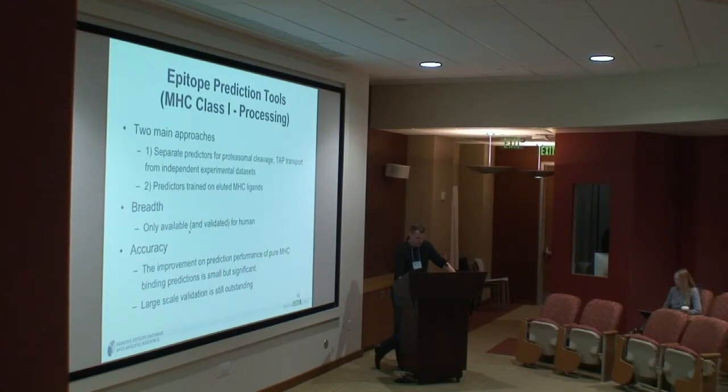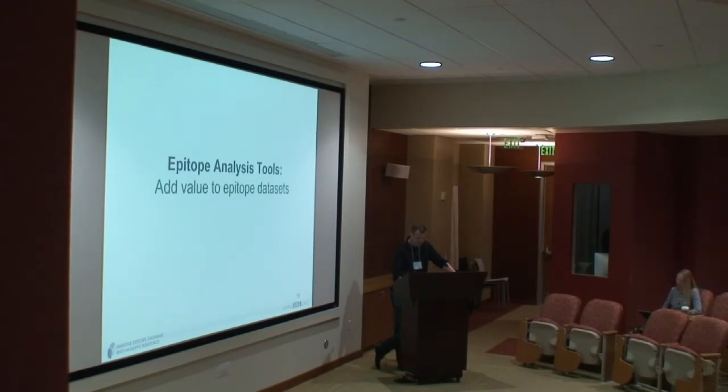So these processing approaches are so far only available and validated for humans, and they do provide improved predictions over MHC binding predictions alone. While the improvement is rather small, it's definitely statistically significant. There are several large-scale validations out there, but specifically the question of how well they predict T-cell epitopes is still a little unclear.